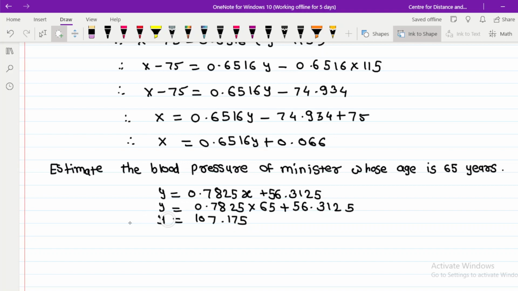Therefore, the blood pressure of a minister whose age is 65 years is 107.175.